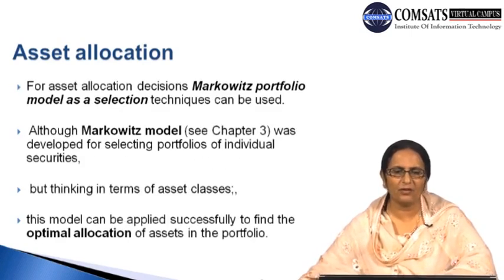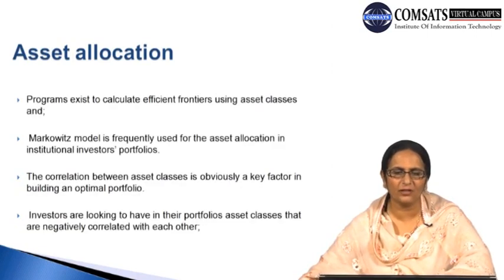We can also analyze this asset allocation with the help of the Markowitz model that we did in chapter 3. There it was done to find the optimal allocation of assets in the portfolio for individual investors, but here it is done for institutional investors. Correlation between the asset classes is a key factor in building an optimal portfolio.